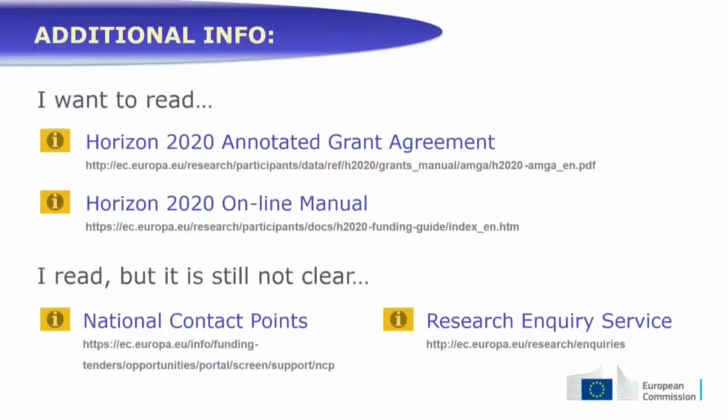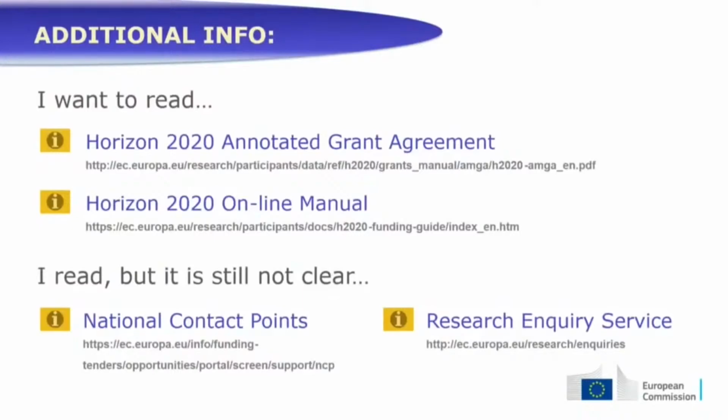In that case, you can first of all contact your national contact points. These are people who are specifically dedicated in your country to reply to questions about Horizon 2020. They speak your language, they know your particularities, and they are particularly knowledgeable about certain aspects of Horizon 2020. The contact details of your national contact points are also available in the portal, through this link.